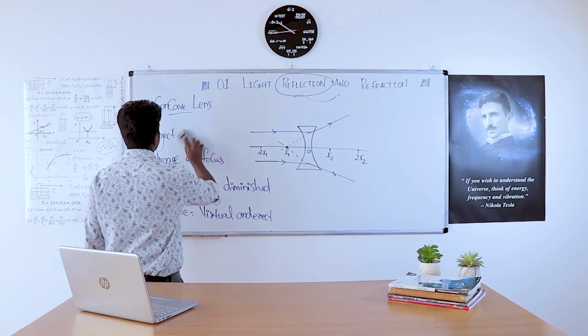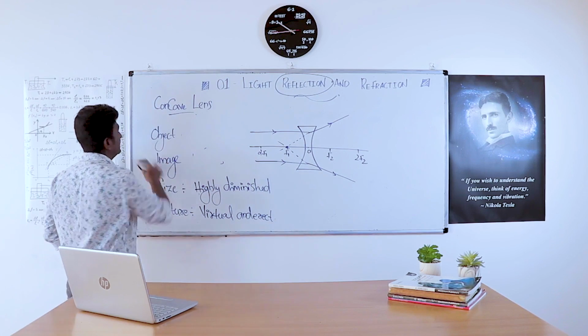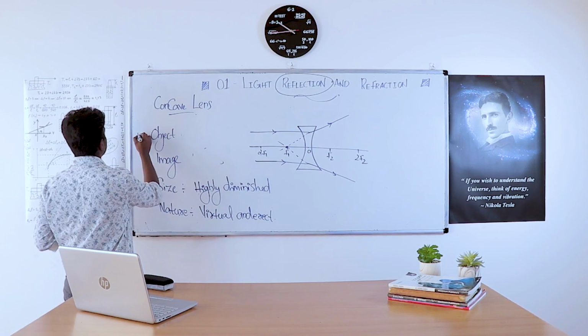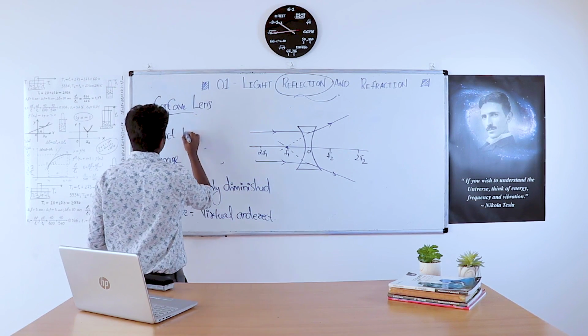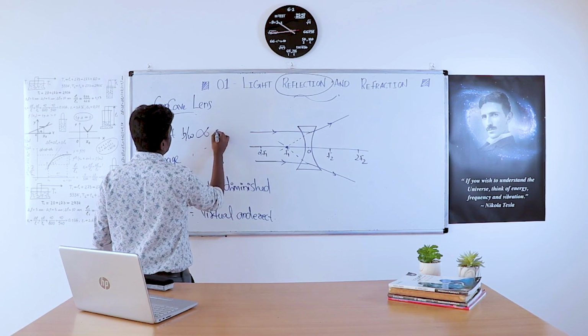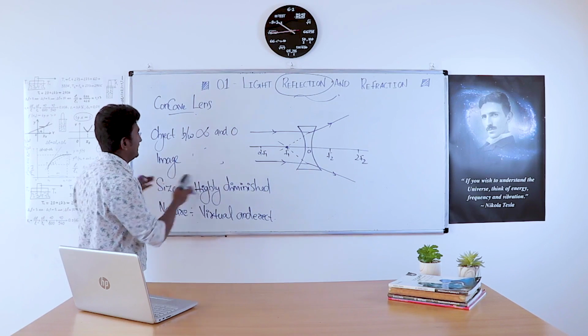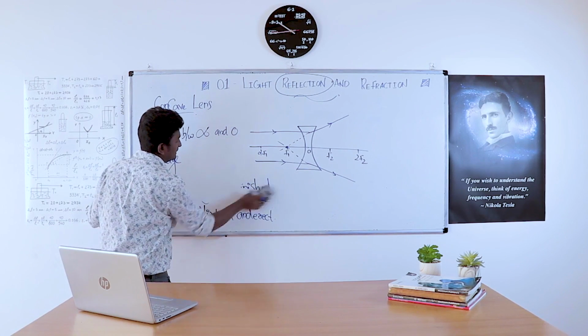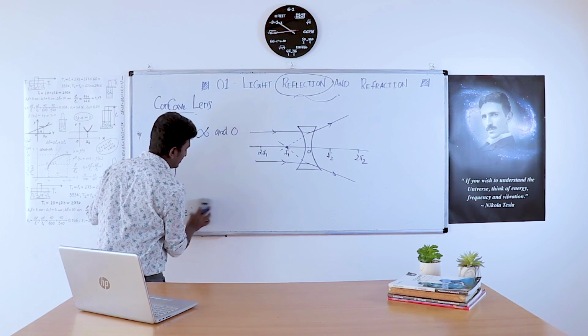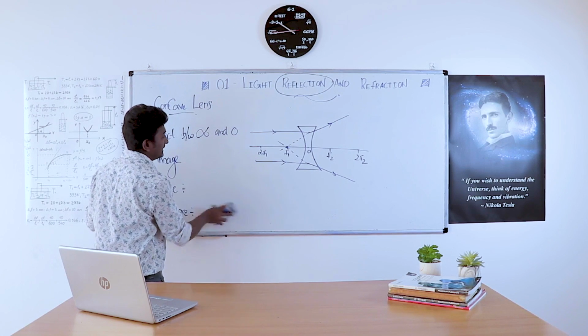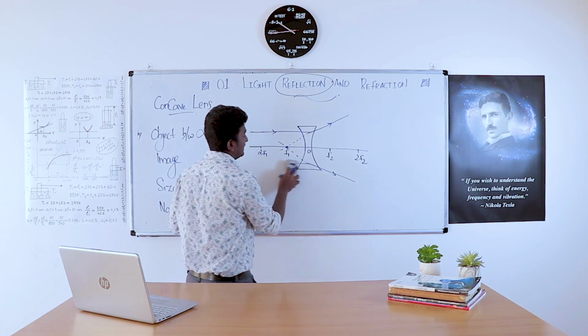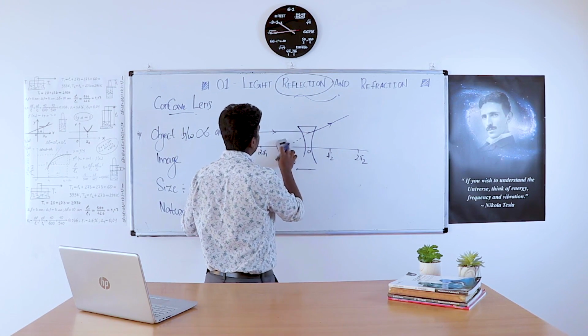Moving to the second case, which is the last case, only two cases for concave lens. Second case, object between infinity and optic center. Object is placed anywhere between infinity and optic center.